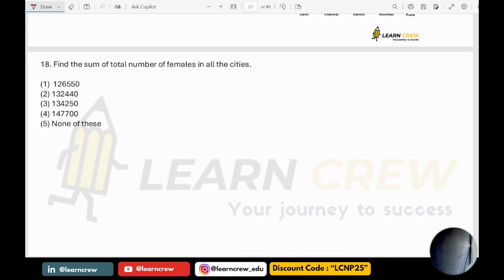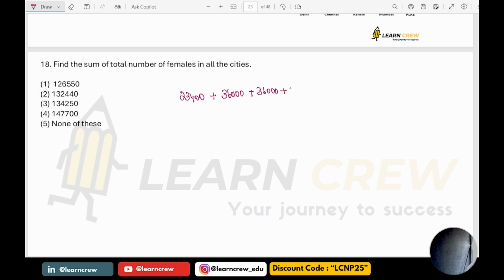What is the sum of total number of females in all cities? In Delhi, it is 52% of 45,000, which is 23,400. In Chennai, it is 60% of 60,000, which is 36,000. In Ranchi, it is 48% of 75,000, which is 36,000.